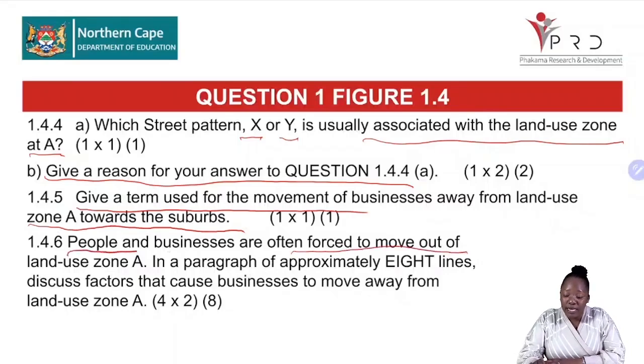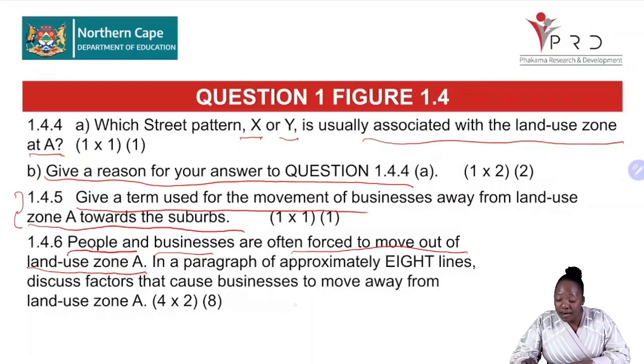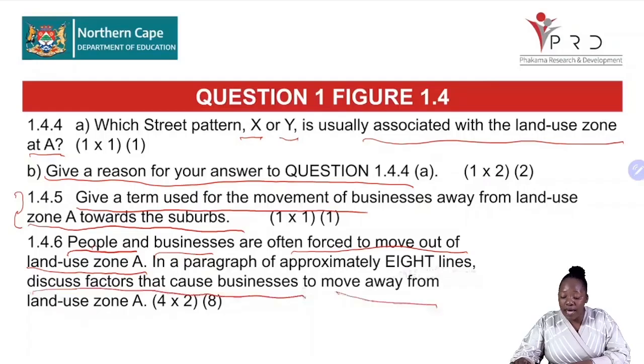As I said, the process in question 1.4.5 will force both the people and the businesses to move out of the land use zone A. Now, in a paragraph of approximately 8 lines, discuss the factors that cause the businesses to move away from the land use zone at A. That is 4 times 2, meaning you need 4 responses. What are those factors that will cause a business to move away from the land use zone A?